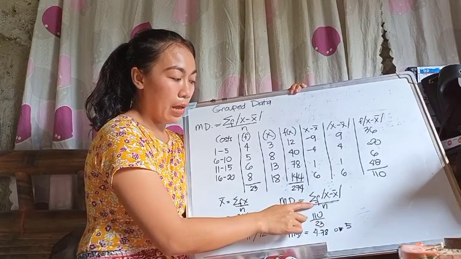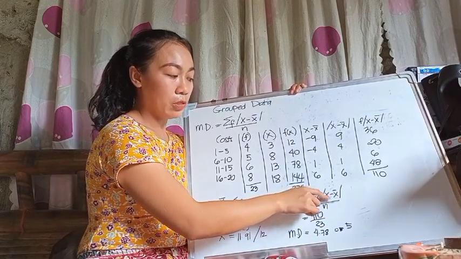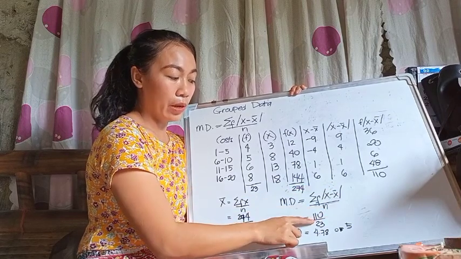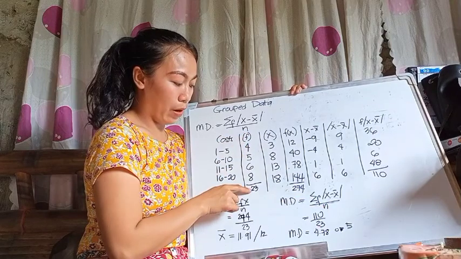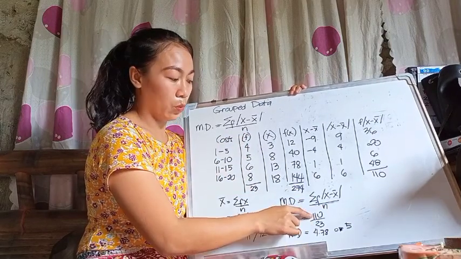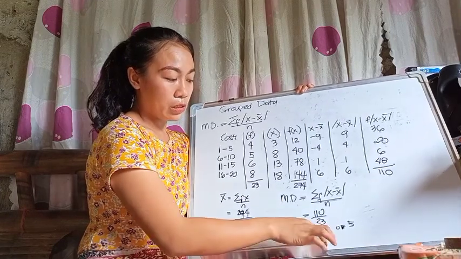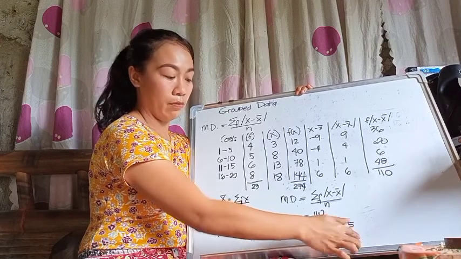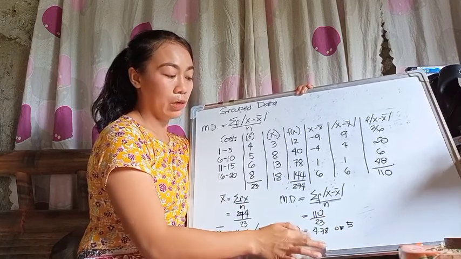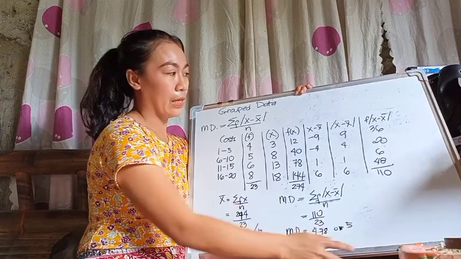So, our summation of f absolute x minus mean is 110, and over n, our total frequency, is 23. So, 110 over 23, the answer is 4.78 or 5. Our mean deviation is equal to 4.78 or 5.